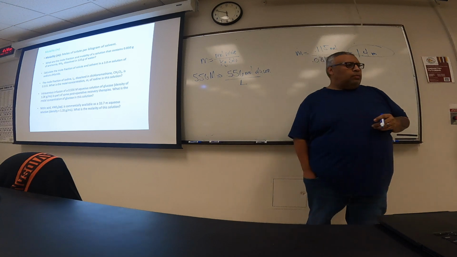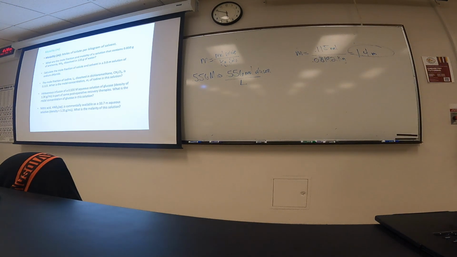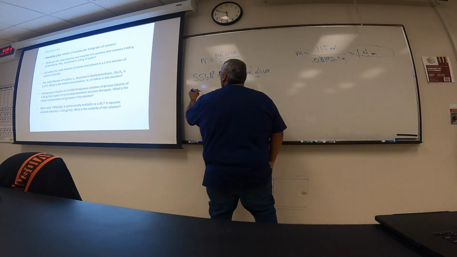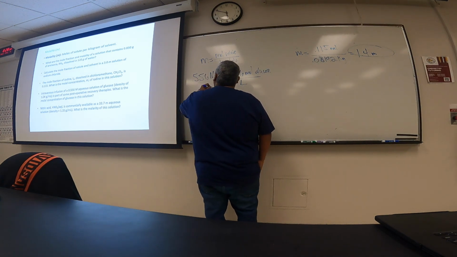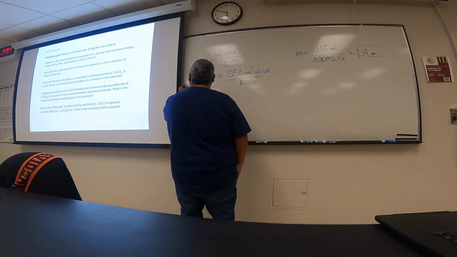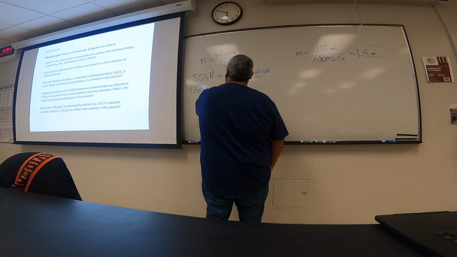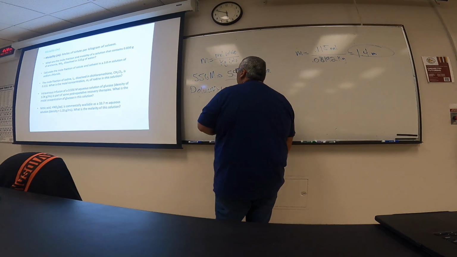Per liter of solution. We have the density, so they've given us the density of the solution. I just want to write this down. So we have 1.04 grams per milliliter.